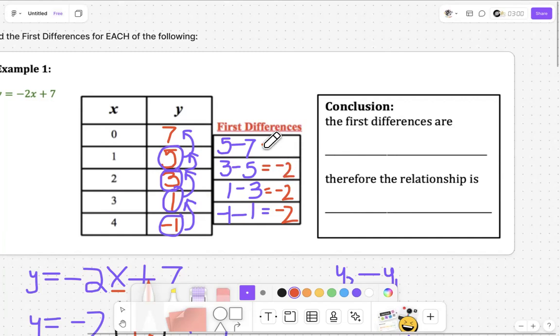And 5 minus 7 also gives me a value of negative 2. So because all of these first differences I've calculated are the same, that means that my first differences are constant. It's another way of saying they are the same.